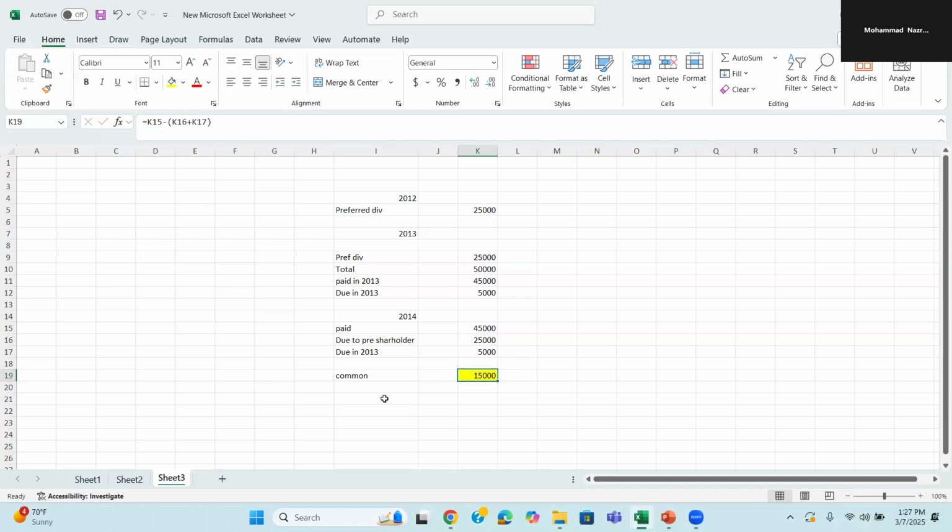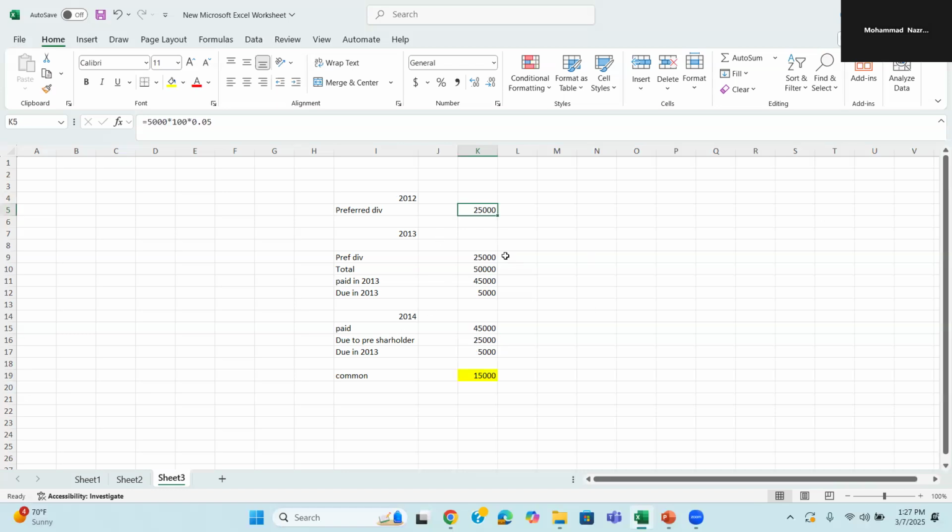You get the point? So for 2014, just think about that, like 12, 13, and 14. So what you have to do, you just calculate the dividend amount you are due for the preferred stockholder. The due is the number of shares and their amount and the percentage of dividend, right? So this 25,000 for each of the year, 12, 13, and 14.